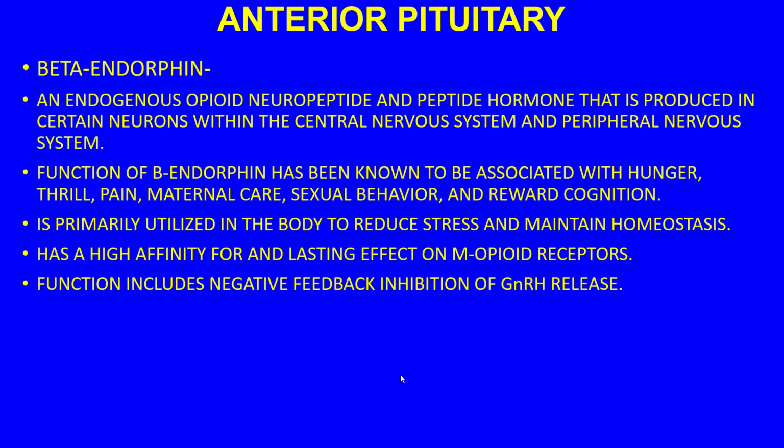So if you're sitting there going, thrill, what do you mean? This is behavioral effects. It's primarily used by the body to reduce stress and maintain homeostasis. Interestingly enough, it has a high affinity for and lasting effect on the mu opioid receptors. The function also includes negative feedback inhibition of GnRH release.